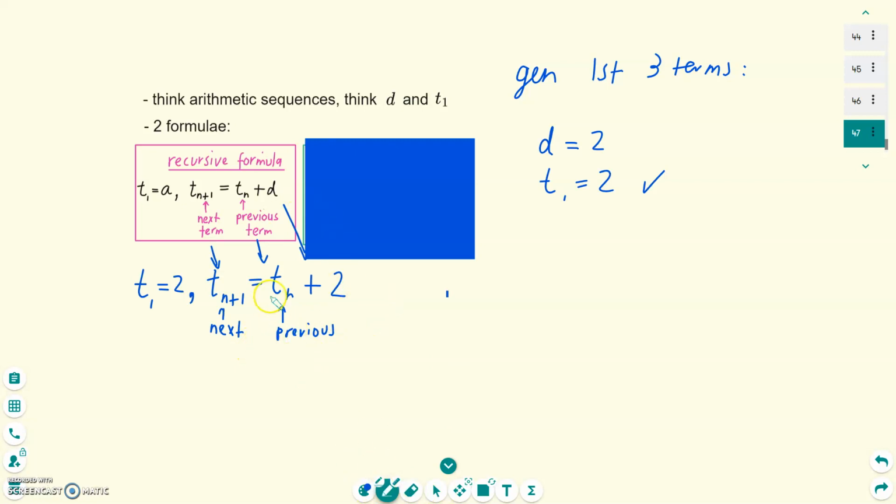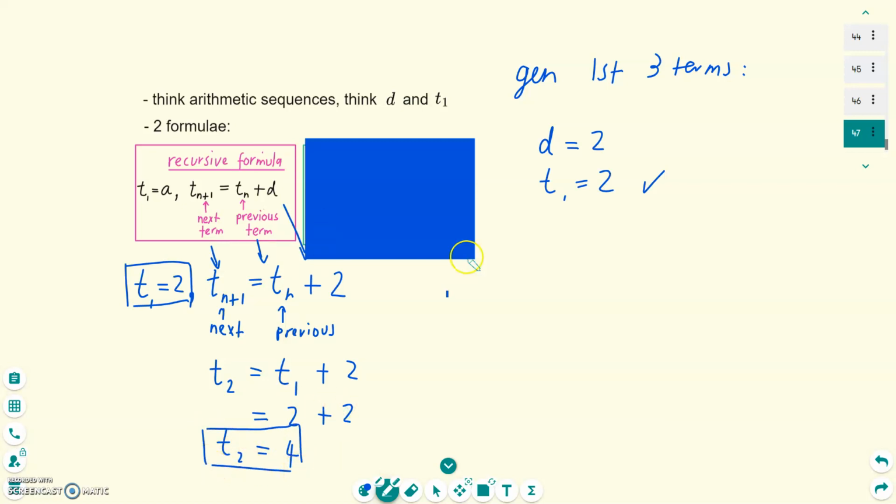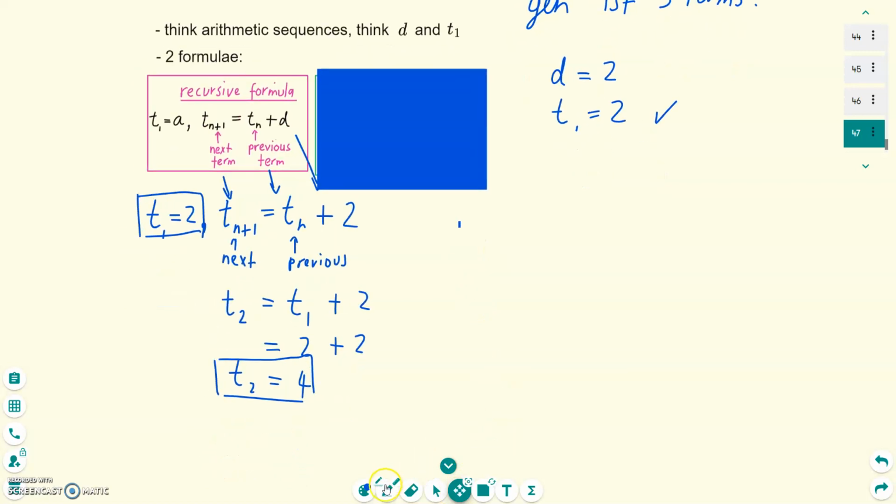So in other words, if I start with T1, I can calculate T2. I'm just going to put a box around that. T2, so the next term is the previous term plus 2. And then sub in your values. T1 is 2. 2 plus 2 is 4. So we've got T2, put a box around it. And then we do our next term. Okay, the next term, T3, will be our previous term plus the common difference.